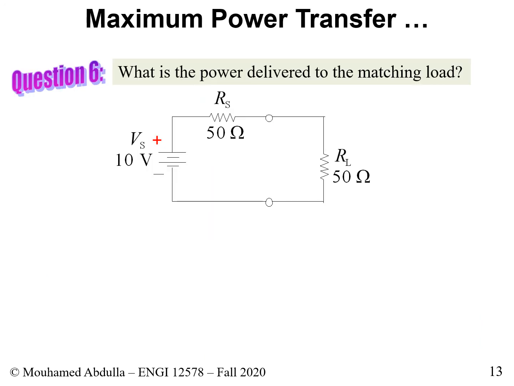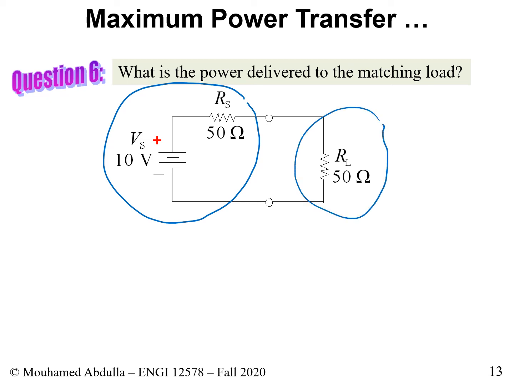So let's try a question related to the maximum power transfer. This is question number 6. What is the power delivered to the matching load? So if you notice, we have the circuit that is shown to us here. This part here is our system, and this is the load.